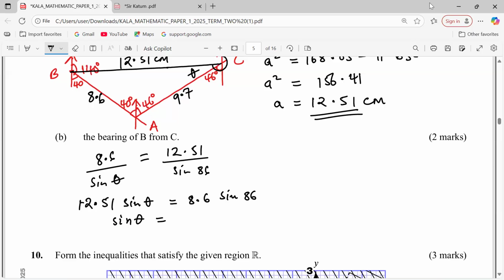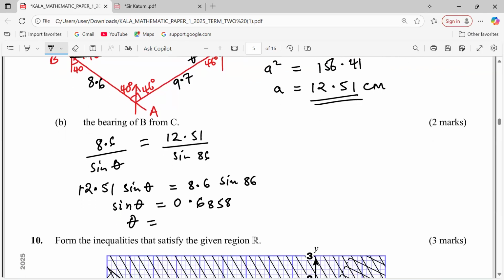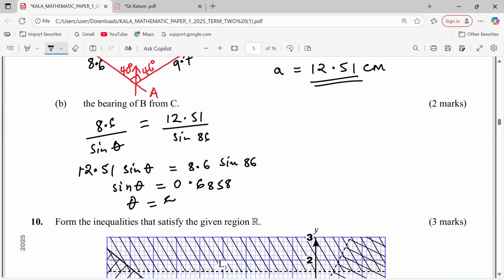This is 0.6858. So how do you get theta? Sine inverse, shift sine of answer. This gives us 43.30 degrees.